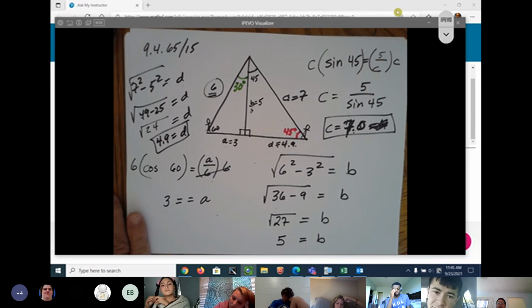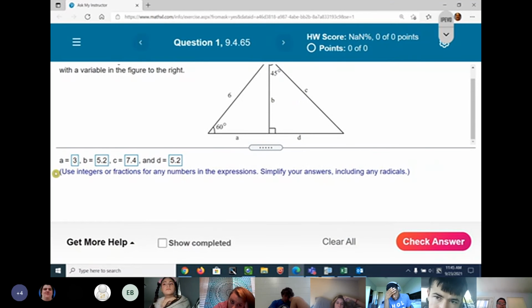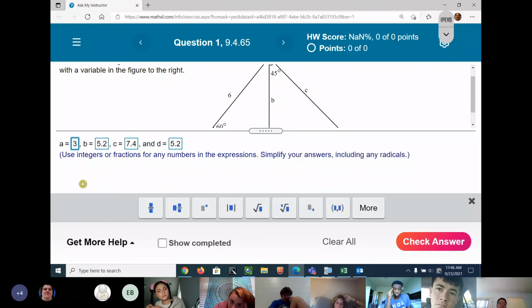But I'll show you, you can take that. It says use integers or fractions with any numbers. It says include any radicals, but let's see. What do we get for A? We got 3. B, where is B?